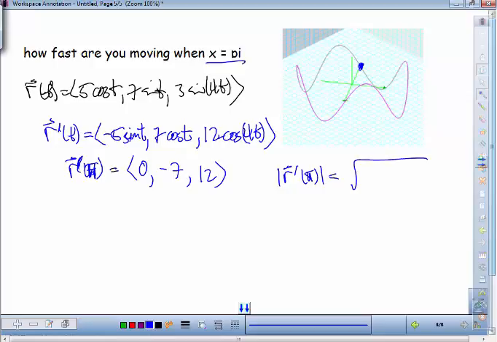Square root of 49 plus 144, which is 193. Okay. So whatever value this is, whatever units, I didn't put units, meters, feet, whatever, this is how fast something's going.